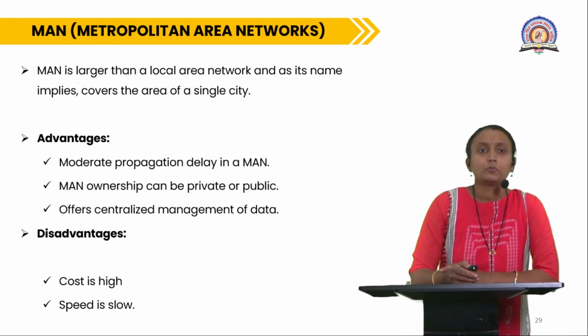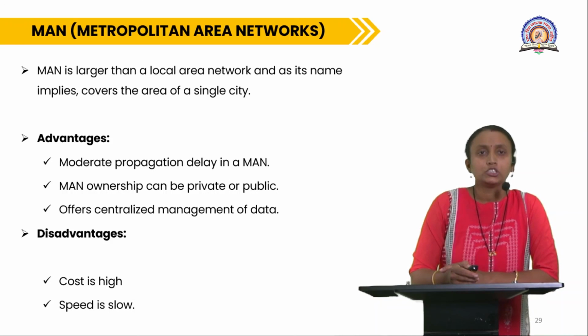Second one, metropolitan area network. As we already discussed, the size of a metropolitan area network is large compared to a local area network but less compared to a wide area network. It can cover the area of a single city. Advantage: it has moderate propagation delay compared to LAN and WAN.